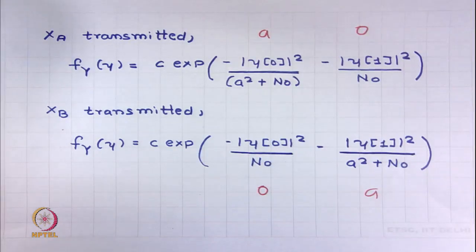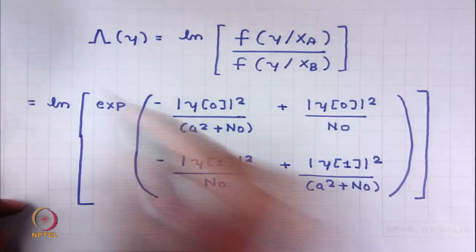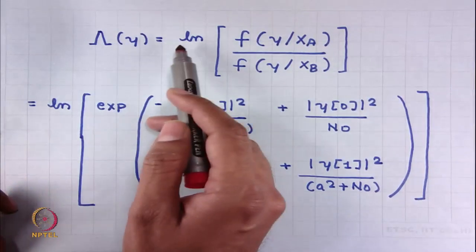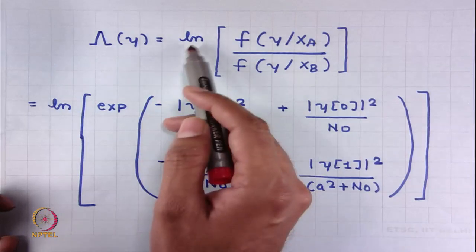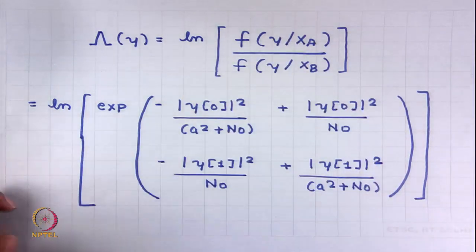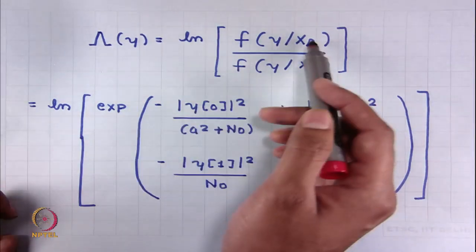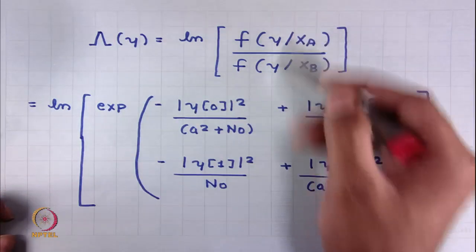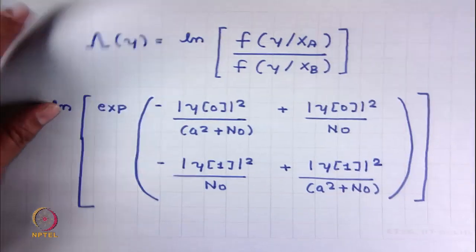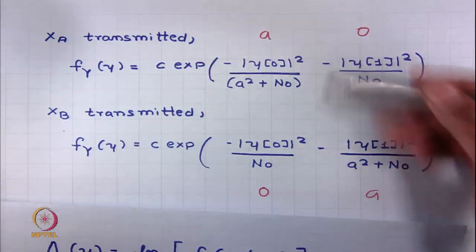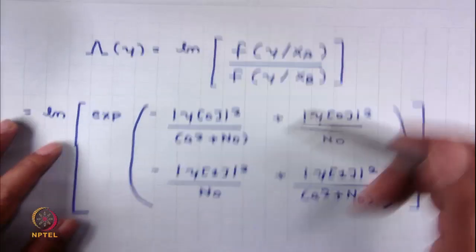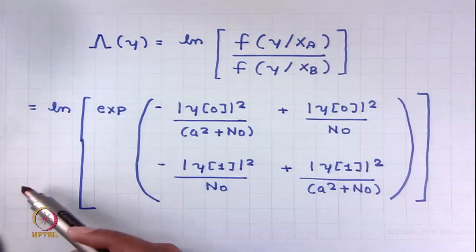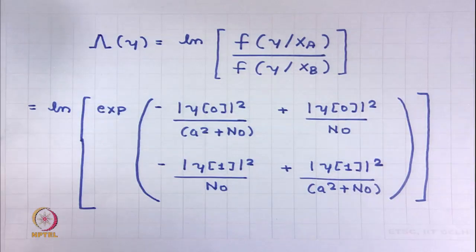Easy. Now, the job is to find the log likelihood ratio. The log likelihood ratio is obtained by taking ln of the ratio of the PDFs when x a is transmitted and when x b is transmitted. So, we have obtained these two PDFs, we divide these two PDFs, we take the ln of it and we get the log likelihood ratio.